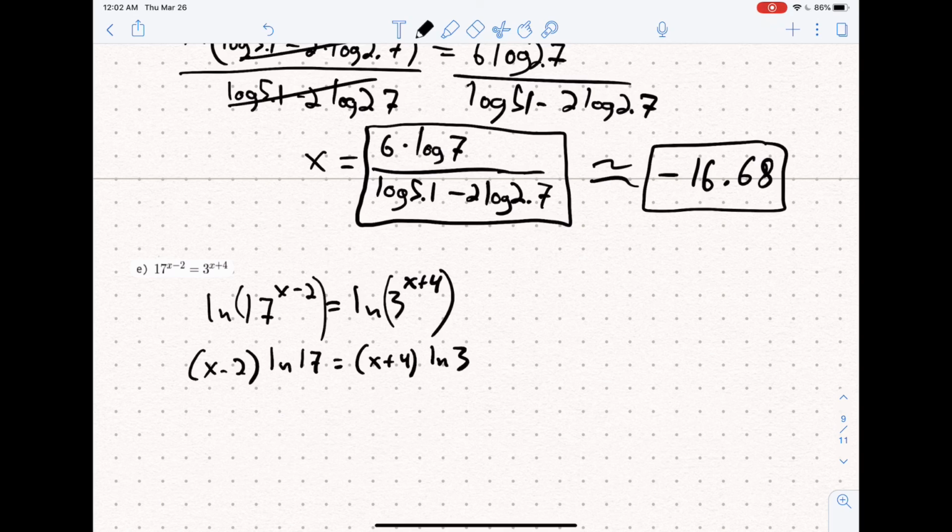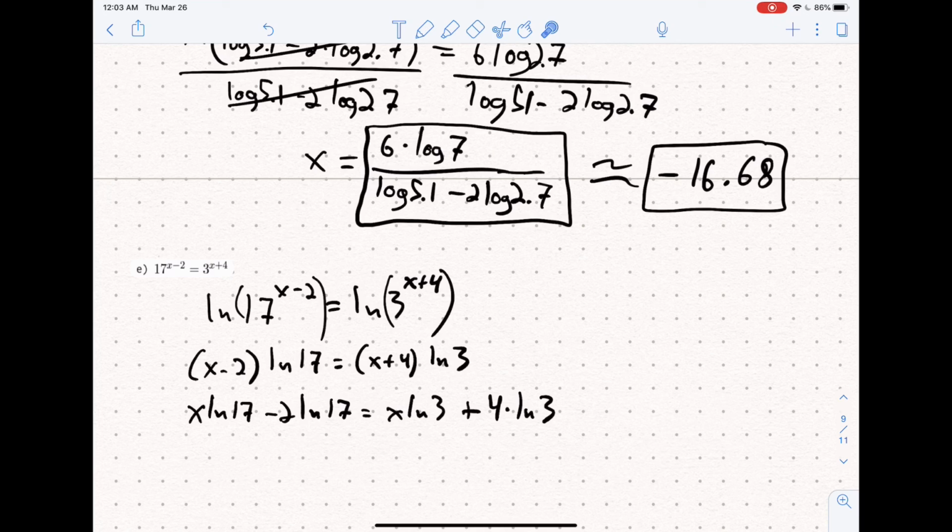On both sides, I'm going to go ahead and distribute the ln. On the left-hand side, the ln of 17, I'm going to distribute through. I get x ln 17 minus 2 ln 17. And on the right, if I distribute through, I get x ln 3 plus 4 ln 3.